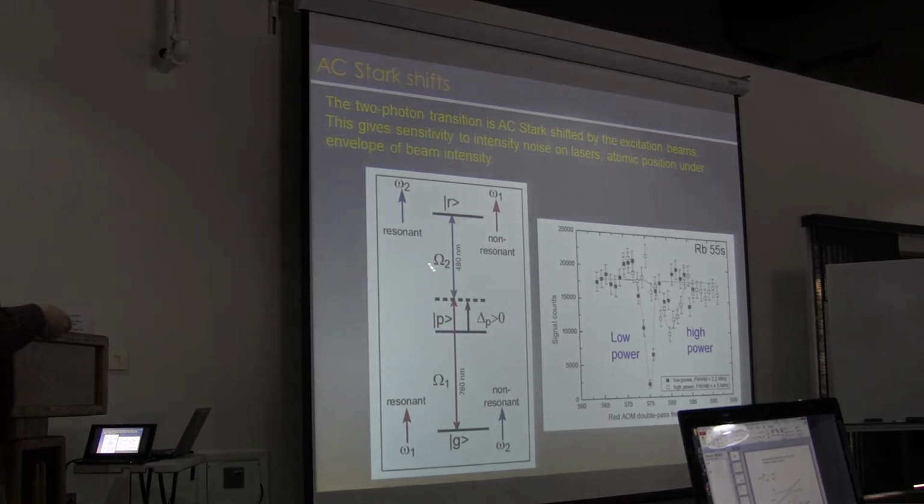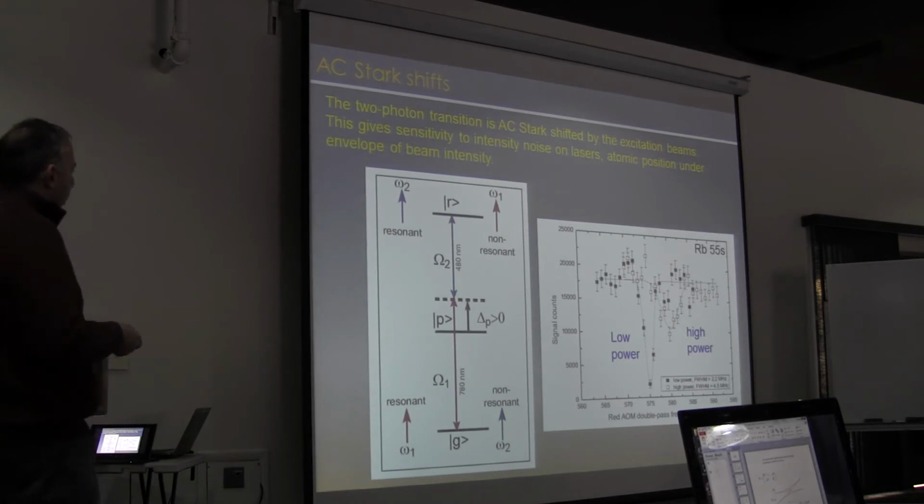The second photon interacts mainly with the Rydberg level, that will now be at a lower frequency. If the two-photon transition is resonant and the first photon is at a higher frequency, then the second photon is at a lower frequency, so that also shifts this up. So those two contributions add.